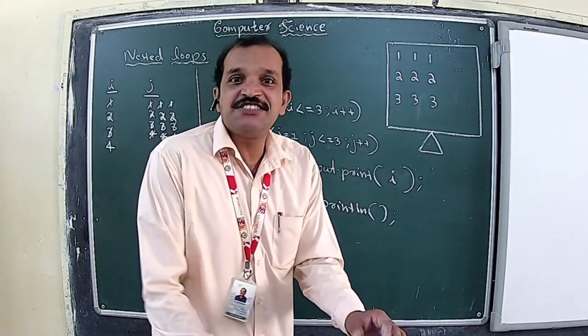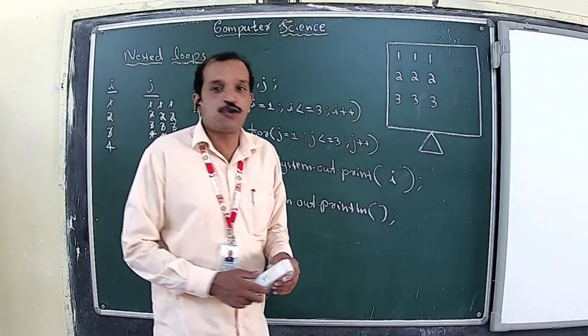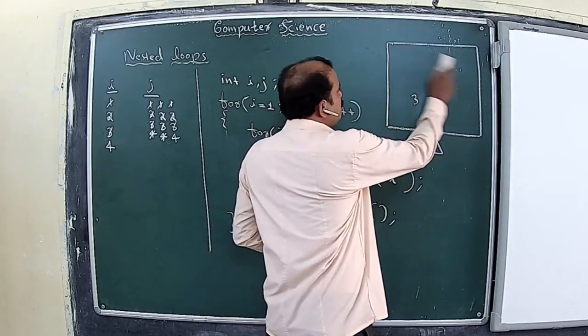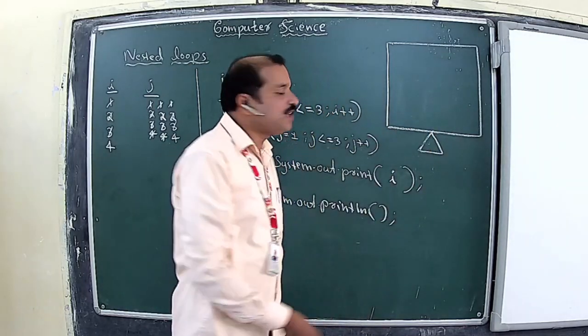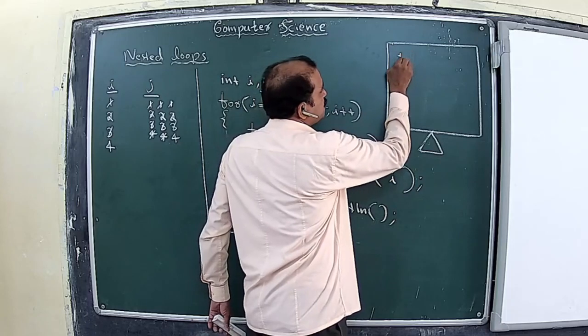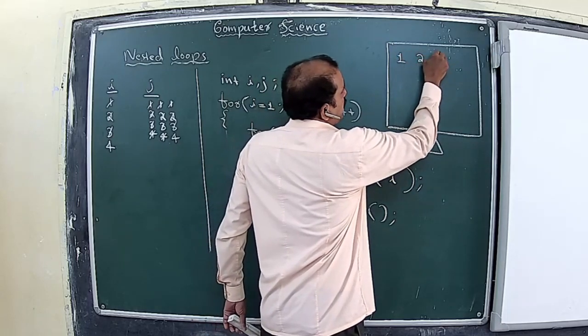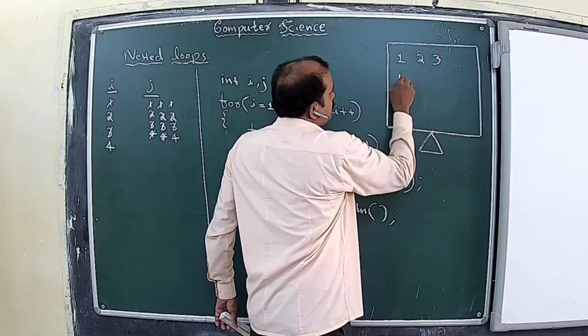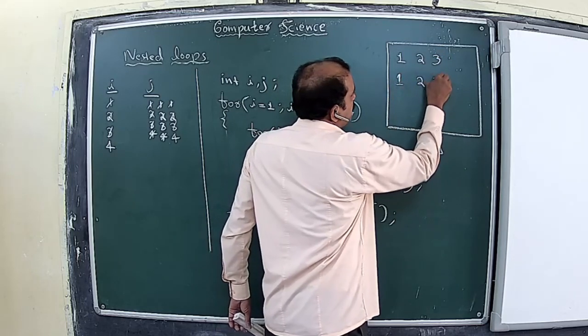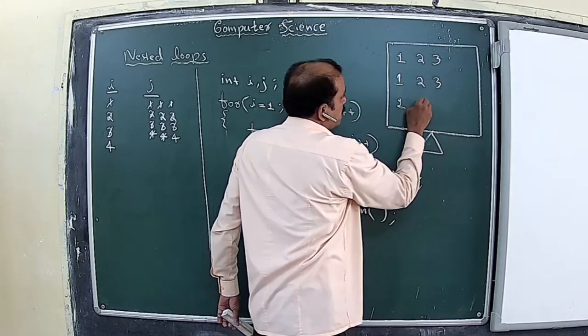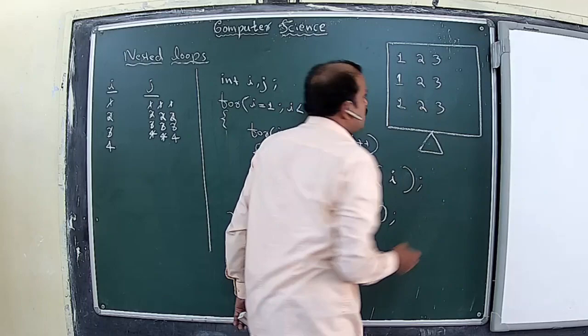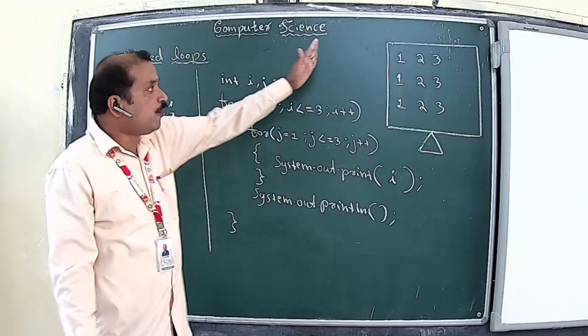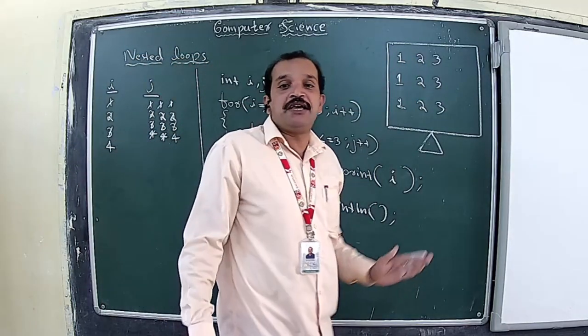And now let us just try to change these values in a different way. Instead of printing the row value, suppose you wanted to print the column values like 1, 2, 3, 1, 2, 3, and 1, 2, 3. So instead of the row values, here the column values are being printed.